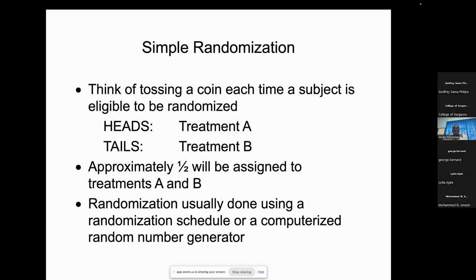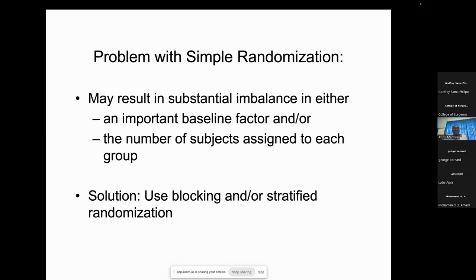So randomization is usually done using a randomization schedule or a computerized generator, and this will ensure that the numbers are more or less equal, compared to tossing a coin. The problem with simple randomization is that it may result in substantial imbalance.